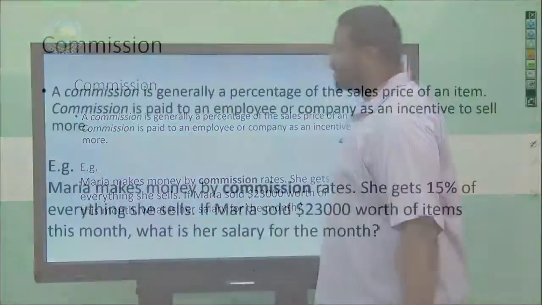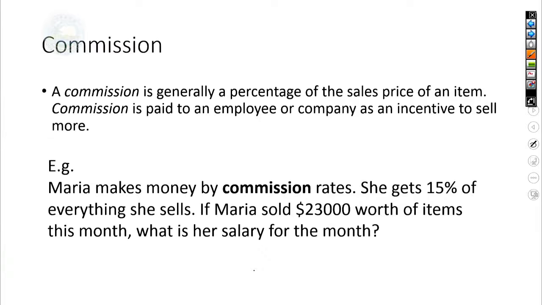So let's talk about commission. And for those of us that may have worked or been around people that work in various restaurants, or even some of the people that will go around and sell items to us in duffel bags, many of these people work on commission. They get a percentage based on how much they sell. That's basically what a commission is. A commission is generally going to be some amount of money you get based on your level of performance.